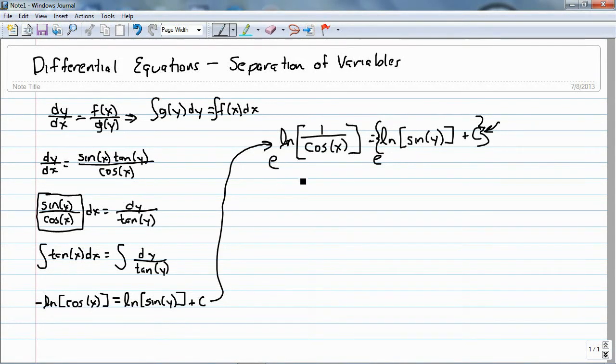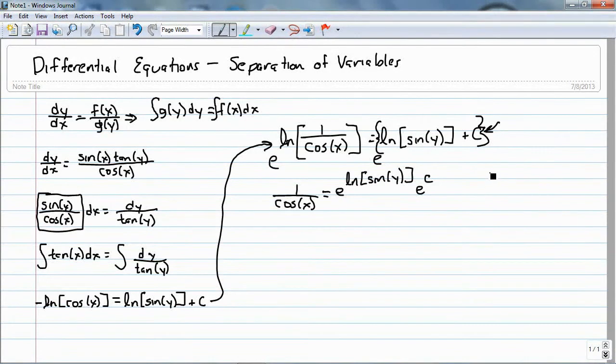Now this is just going to come out as 1 over cosine of x, and that's going to equal on the other side e to the ln sine of y, and I'm going to use the law of exponents, and I'm going to have e to the c.